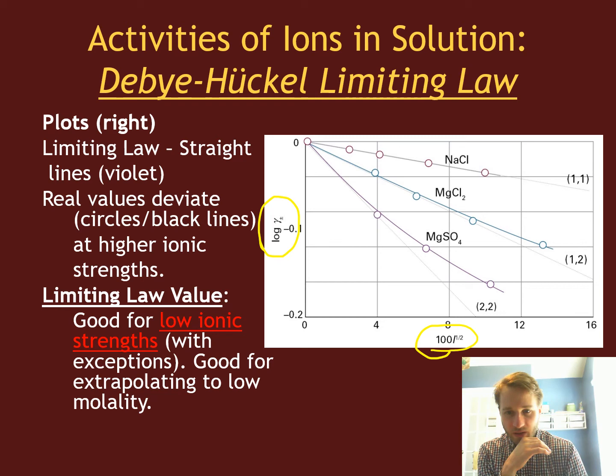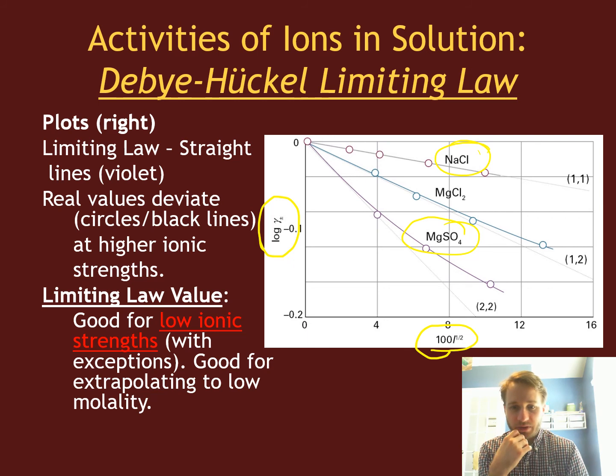And even for high ionic strength solutions where you have an equal charge on your cation and anion. But for some systems, for example this magnesium sulfate, here you have 2 plus 2 charges, so the charges of your cation and anion are greater.